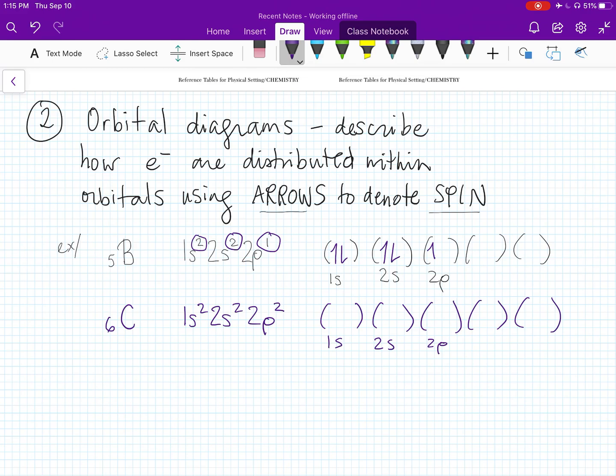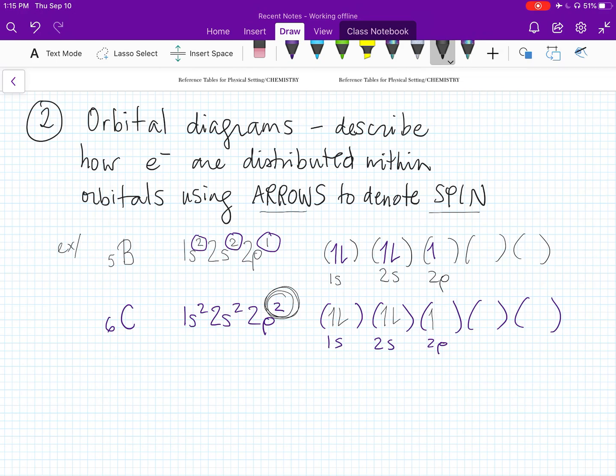Now I'm going to fill them in with arrows denoting the number of electrons. So here are my 2 electrons in the 1s orbital. Here are my 2 electrons in the 2s orbital. Now in the 2p orbital, I have 2 electrons.